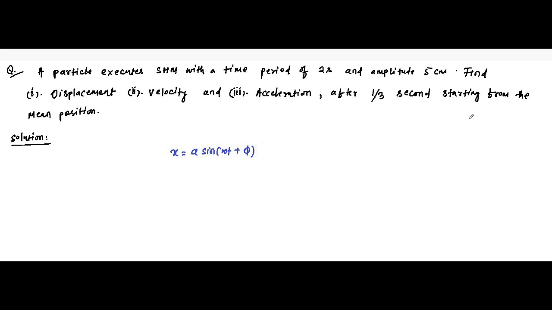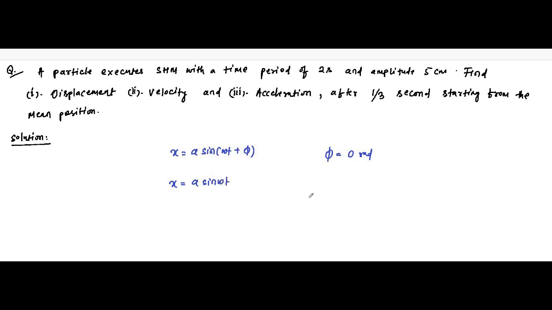Here it has been given that the particle starts from the mean position, that is the equilibrium position. So the initial phase angle phi is equal to 0 radian, and this equation becomes x is equal to a sine omega t.